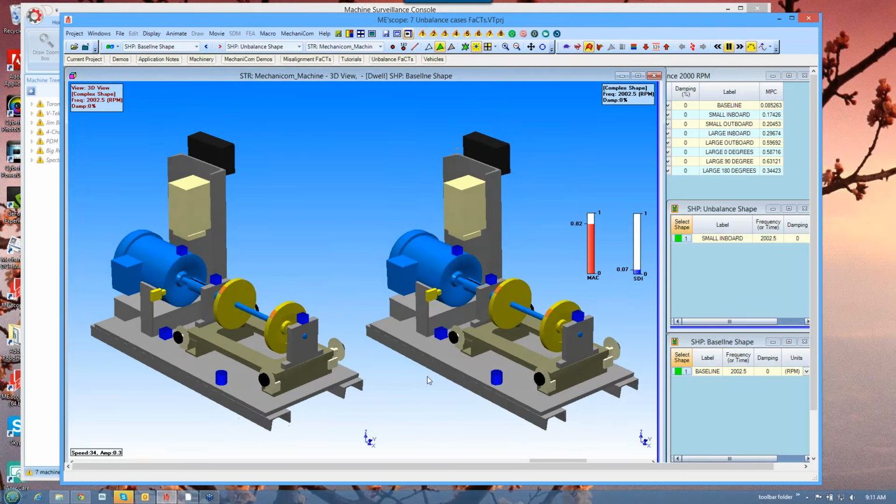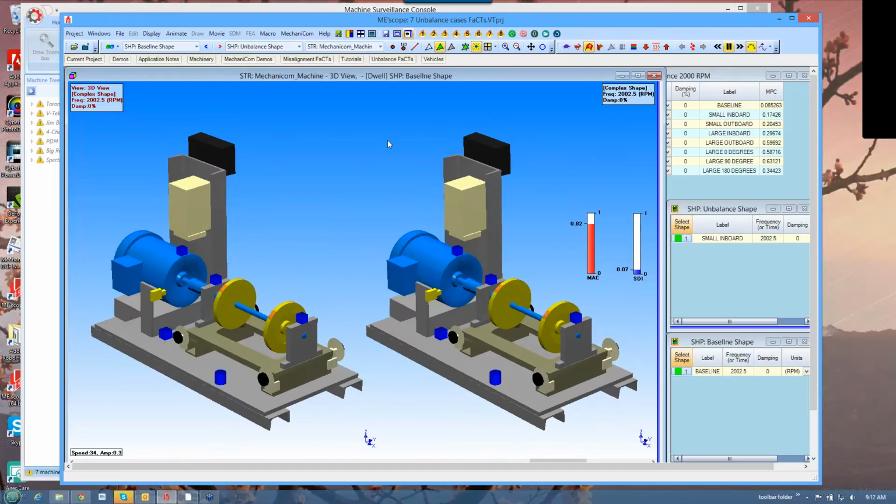You can see where the data was taken, and then the rest is being interpolated by Scope. But over here you can see the MAC value has dropped to 82%. That's indicating that these shapes are no longer the same. But look at the SDI value. It's dropped way down to indicate that the shapes are not only different, but their magnitudes are different. And that's because the vibration level has increased for the unbalanced.